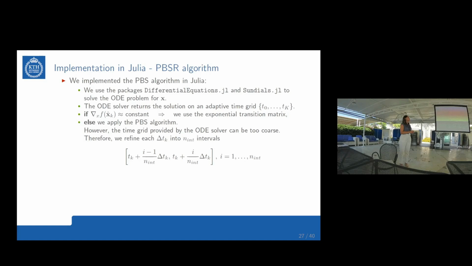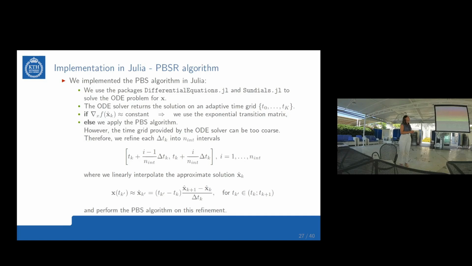And since we didn't want to rerun the ODE solver, because in the end it is also expensive if we perform it on all the time steps, we simply interpolate the solution linearly, and then we perform the PBS algorithm on each of these refinements. And we call this whole method PBSR algorithm, where R stands for refinement.